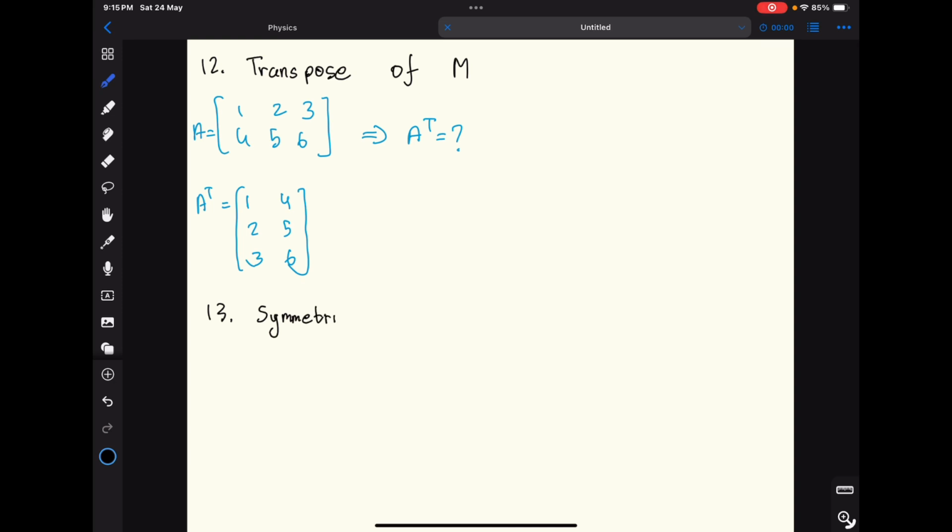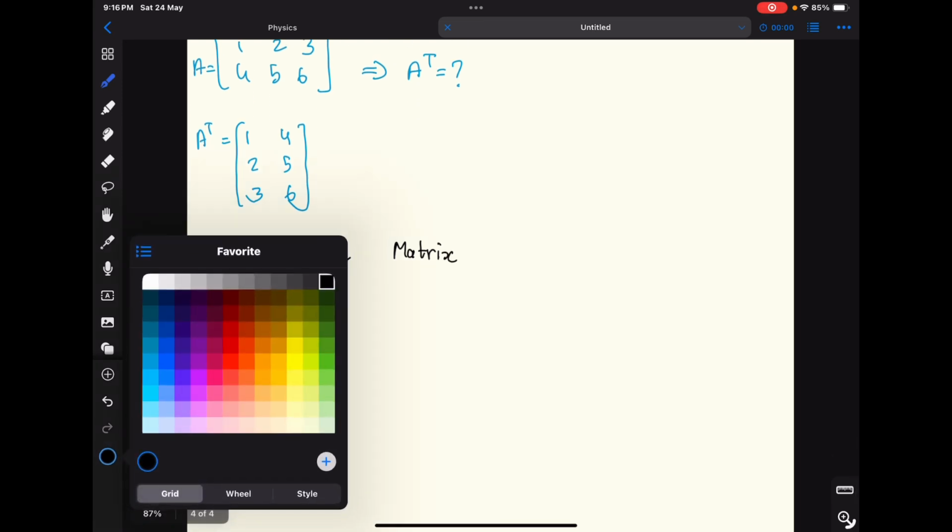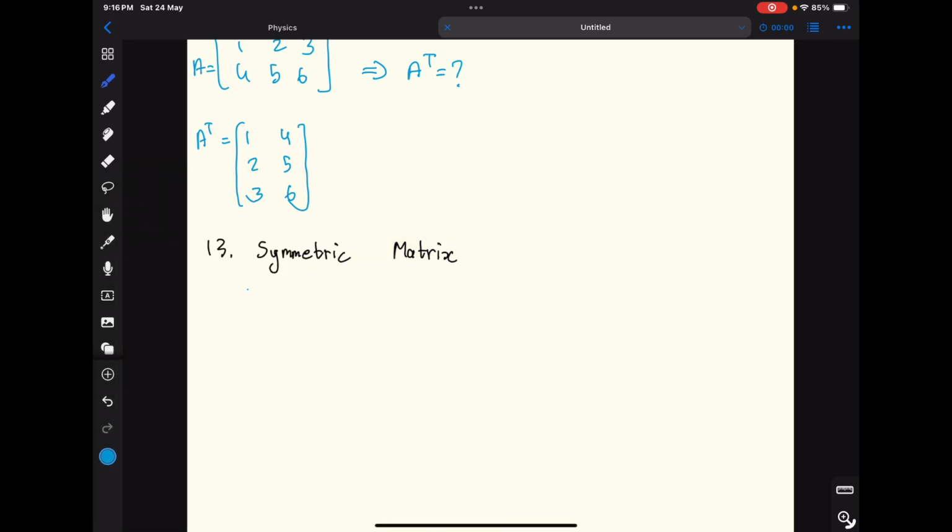These two are similar. First we'll understand what is a symmetric matrix. Symmetric matrix means where A power T is equal to A. What is A power T? A transpose.